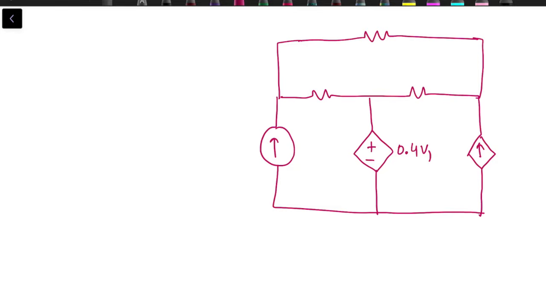This one is a voltage dependent voltage source, while this one is a voltage dependent current source. This one is an independent current source across which voltage is V1, 20 ohm resistance, 30 ohm resistance and 50 ohm resistance.